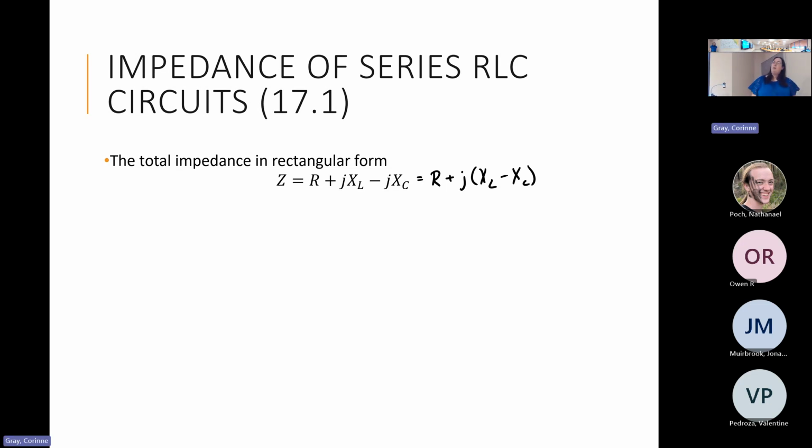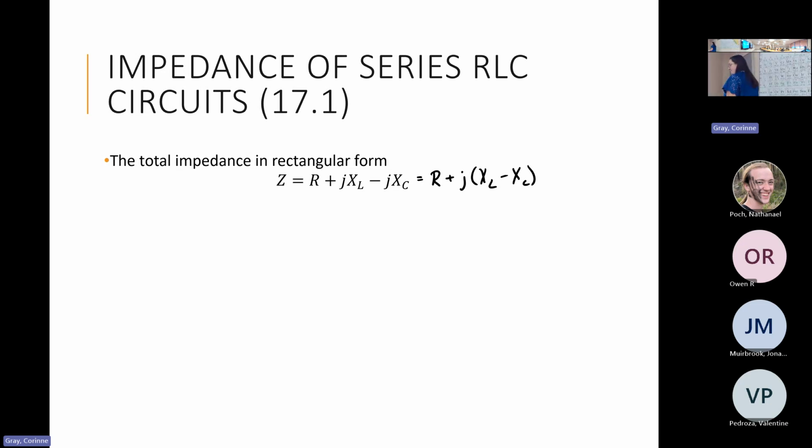Do I just square all the terms and then add them together, or do I need to do something first? Let me rephrase. Am I going to have R squared plus XL squared plus XC squared? Or am I going to have R squared plus this squared, plus that squared?